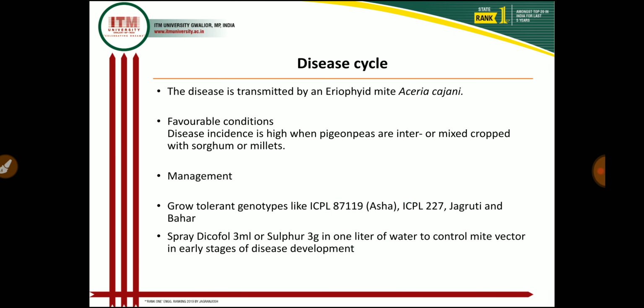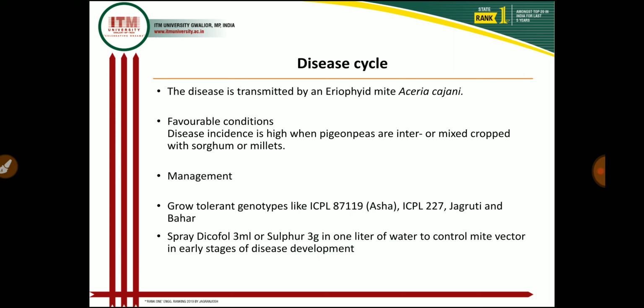Then in the disease cycle, the disease is transmitted by the eriophyid mite, Aceria cajani, and the self-sown red gram crop, that is a perennial type of red gram, Cajanus scarabaeoides, and the ratoon growth of the harvested plants serve as the source of the infection.